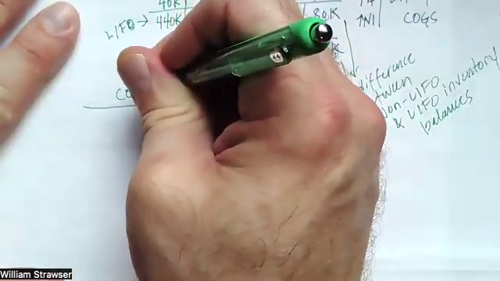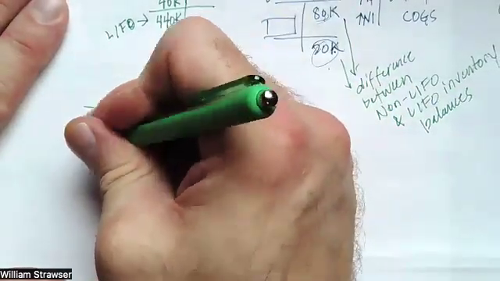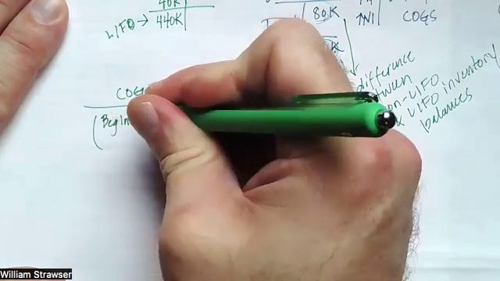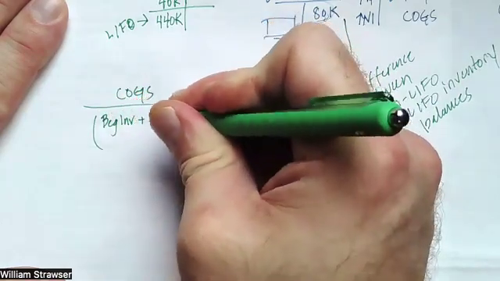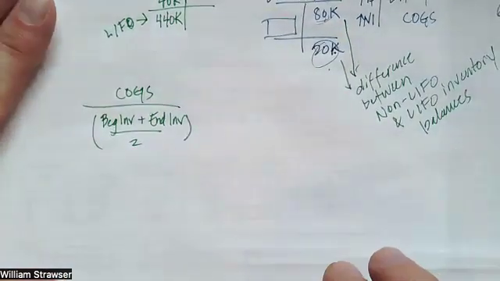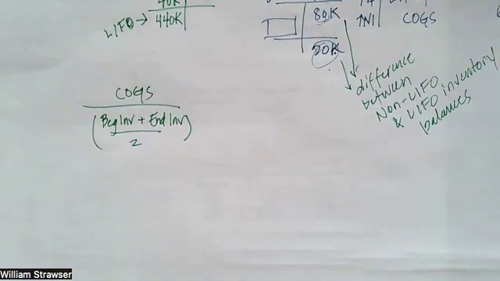This is the inventory turnover ratio. It's cost of goods sold divided by beginning inventory plus ending inventory divided by 2. It's an inventory management ratio. Again, if you want interpretation, think about the extremes.